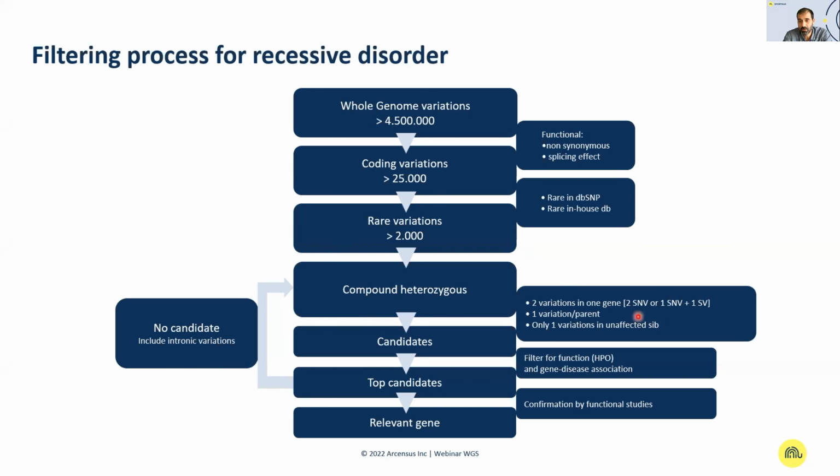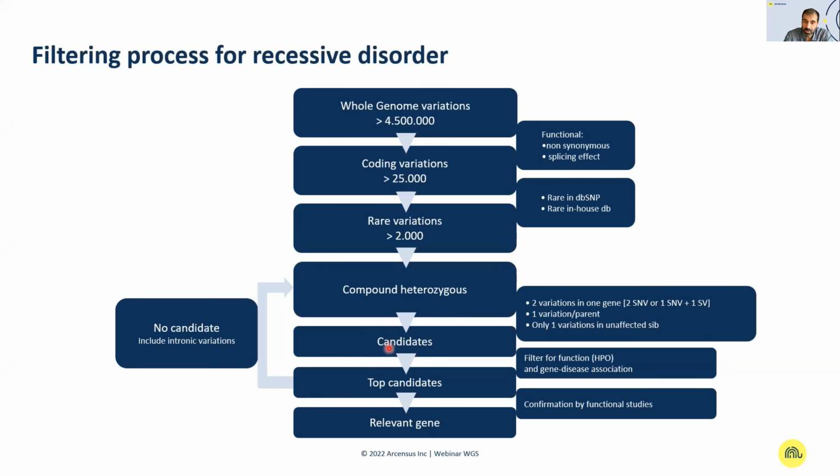It could be either 2 single nucleotide variants, or a single nucleotide variant together with a structural variant, which could be a copy number alteration. This suggests that one variant is inherited from one parent and the other one is inherited from the other parent. And if you have siblings also sequenced, then you can use the unaffected siblings to exclude the presence of these 2 variants in the same gene in the unaffected individual.